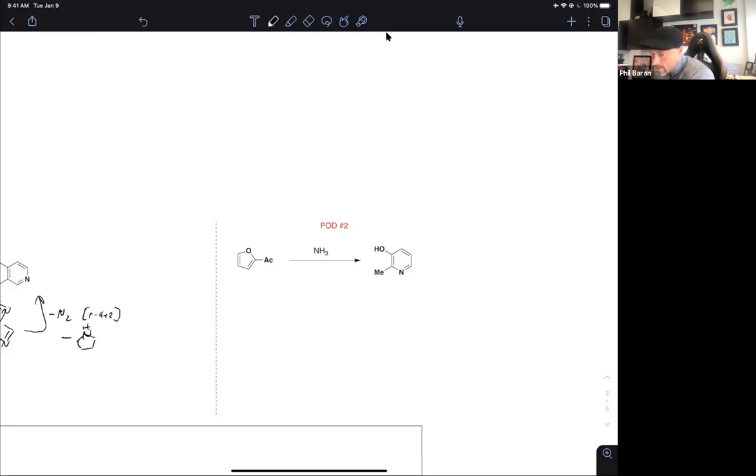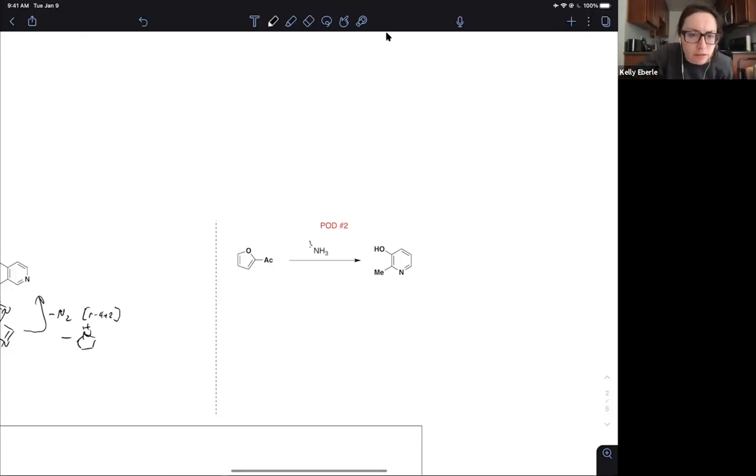This is a problem of the day number 2, and luckily Kelly is going to volunteer for us and tell us what the first step of this reaction is. Sure. So you can get your ammonia adding into the 5 position of the furan. And then that will push arrows to give you like the enolate form of your acyl group.